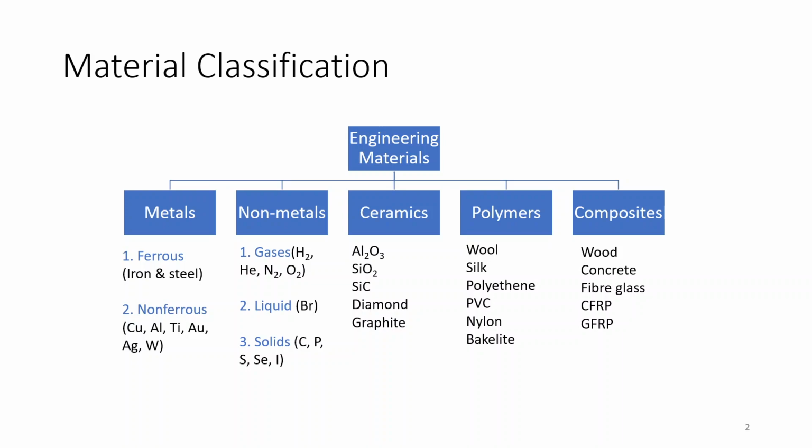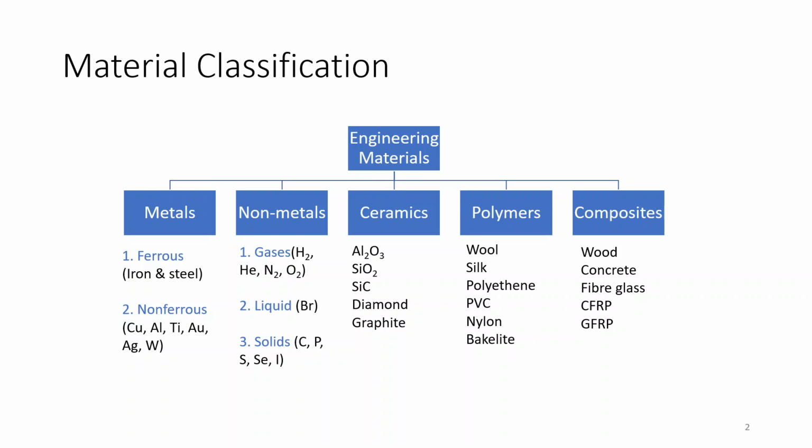Next, you have ceramics. Ceramics can withstand higher temperatures. These are basically in oxidation state, such as alumina. These are oxides, carbides, nitrides, or these can be single element as well, such as diamond, graphite, and coal and other ceramics.